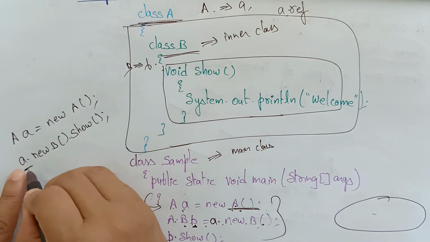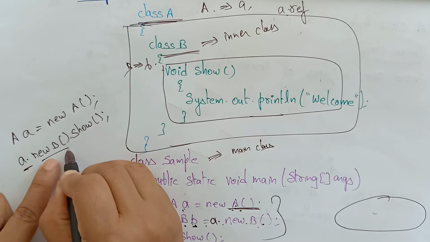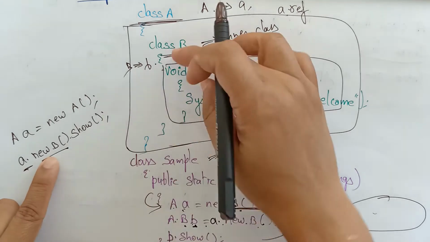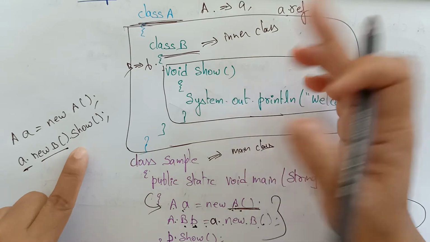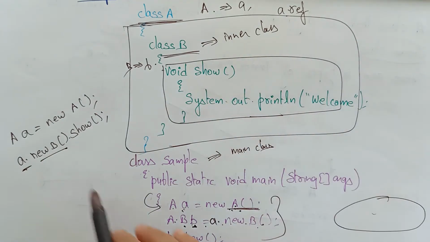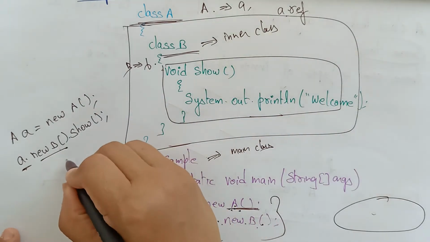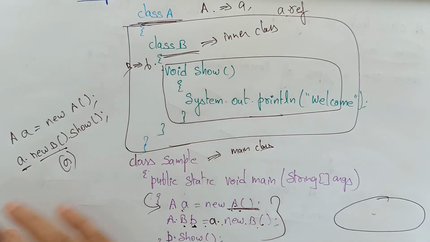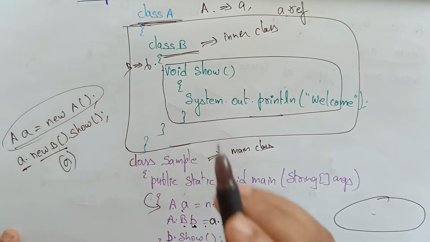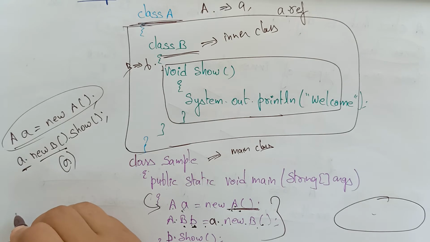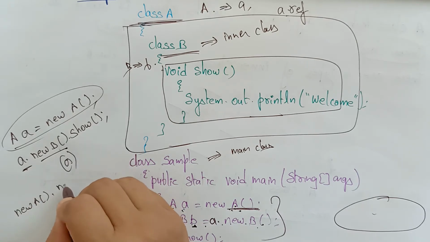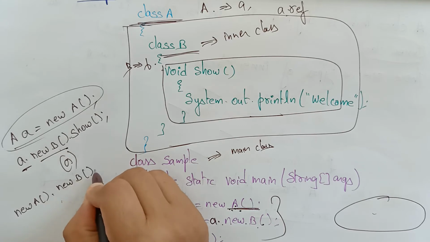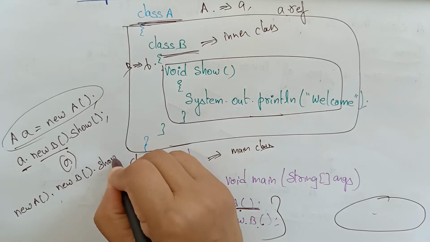Inside B, a show method is there. That's it. Or else you can directly write it in a single step, with no need to create the reference separately. Simply, an A object is created, a B object is created, then the show method is called. Simply, see here.